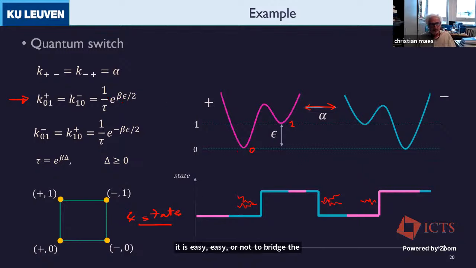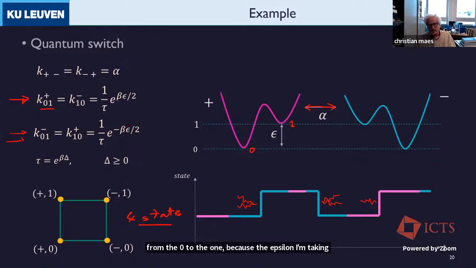So for example, if you're in the minus state, then it's not so easy to go from the 0 to the 1. But when you're in the plus state, it's more easy to go from the 0 to the 1 because the epsilon I'm taking here positive.